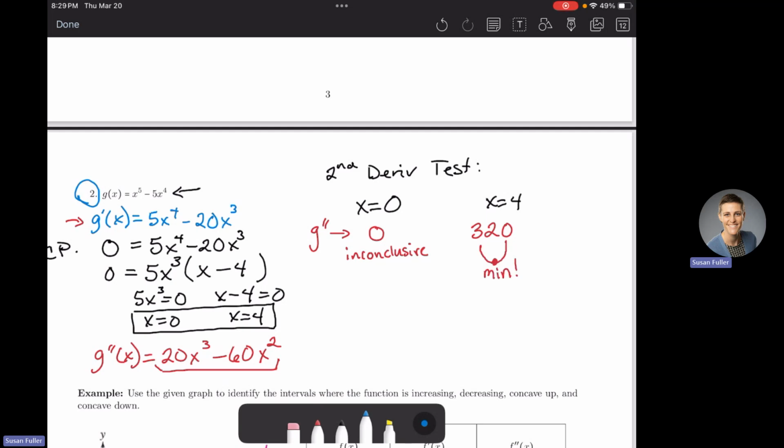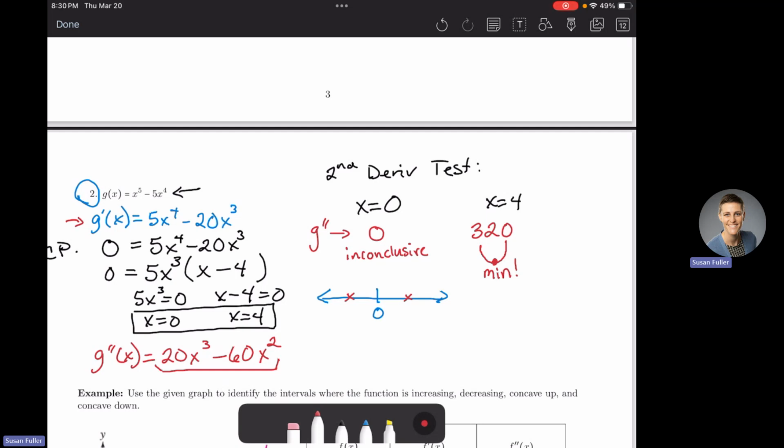And so you would say, oh, I have to go all the way back to my first derivative test, which requires a number line. I'm going to put my critical point of x equals 0 on a number line, and I have to test things around that critical point. Because again, first derivative test uses slope. To use slopes, we need slopes around the critical point, not at the point itself.